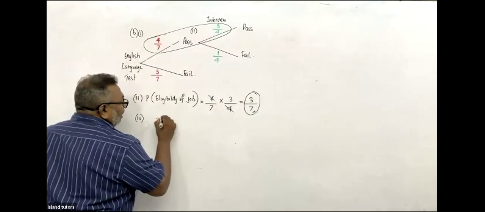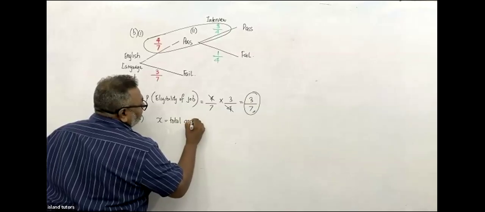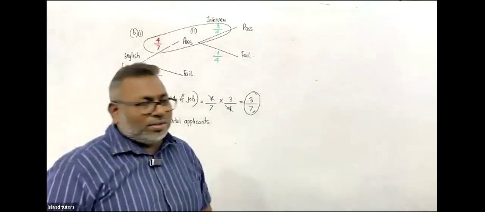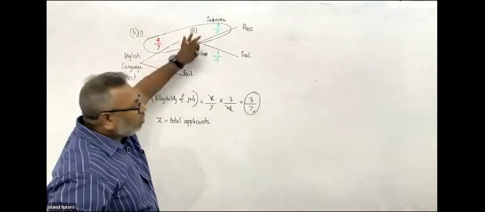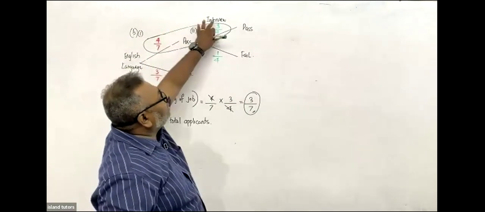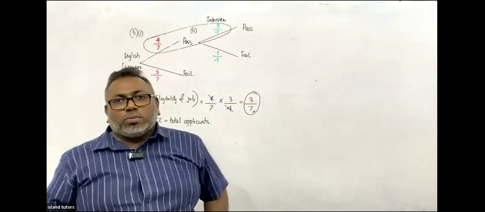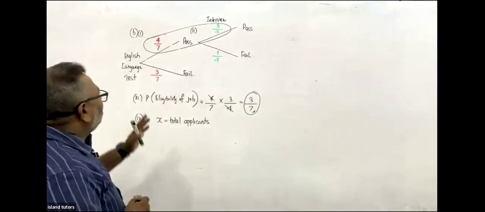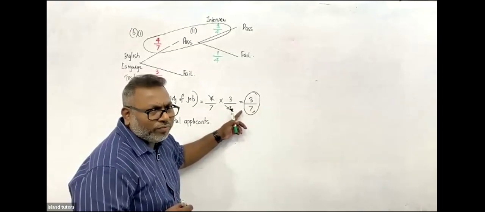So we'll take X is equal to total applicants, right? Total applicants. That is here. Out of this, 4/7 passed and went to the interview, 3/7 failed and came out. And then out of this 4/7, 3/4 passed, and 105 people have got the job. Okay, right. So we know 3/7 eligibility of the job. 3/7 are eligible for the job.